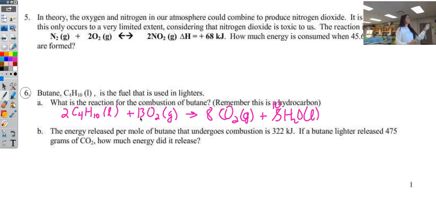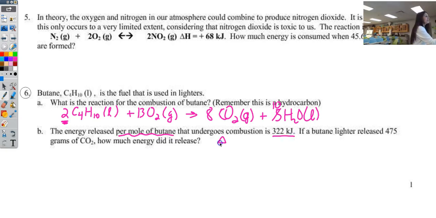Based on the way that this reaction is written, this is for burning 2 moles of C4H10 because that is what the coefficient is. Now I can keep it exactly that way, but you just have to be careful when you go to do the next part. It says the energy released per mole of butane that undergoes combustion is 322 kilojoules.